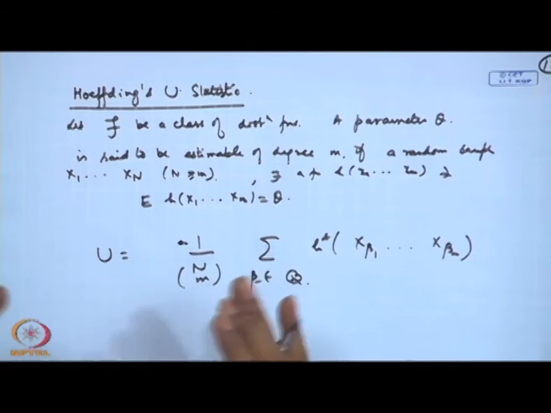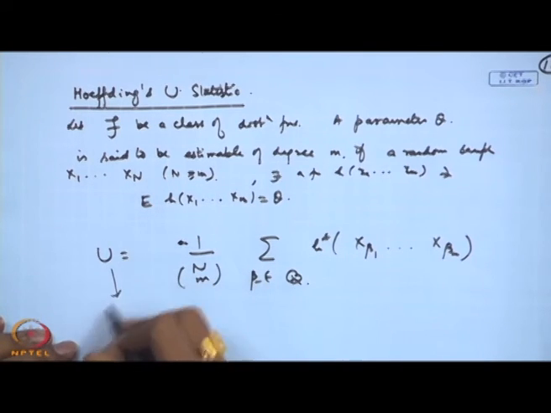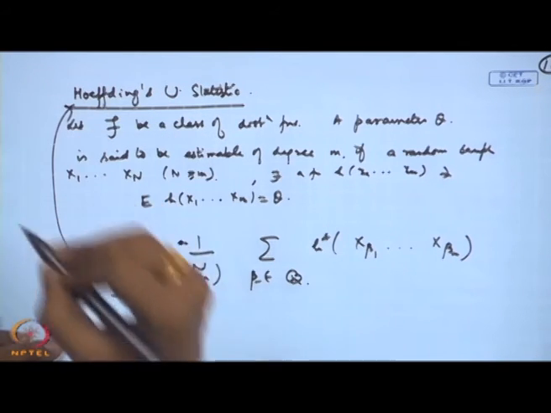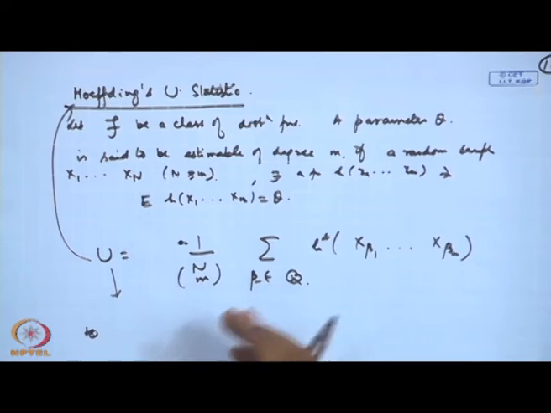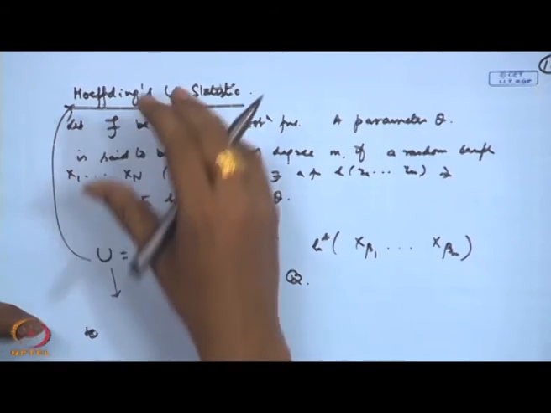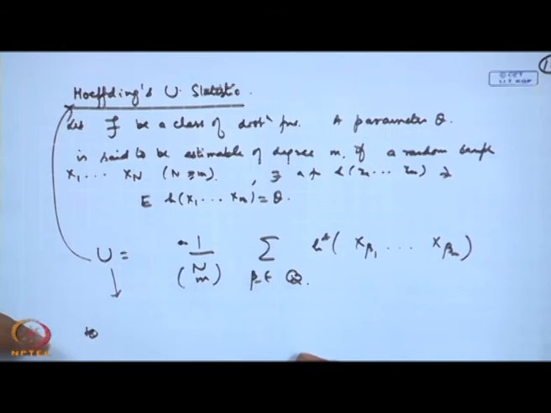This is called a Hoeffding's U statistic. Basically, this is a symmetric function in its arguments, and you can see that most of the standard estimators in the parametric situations and also in the non-parametric situation, like the sign test, Wilcoxon rank test and Mann-Whitney test statistic, are actually based on Hoeffding's U statistic.